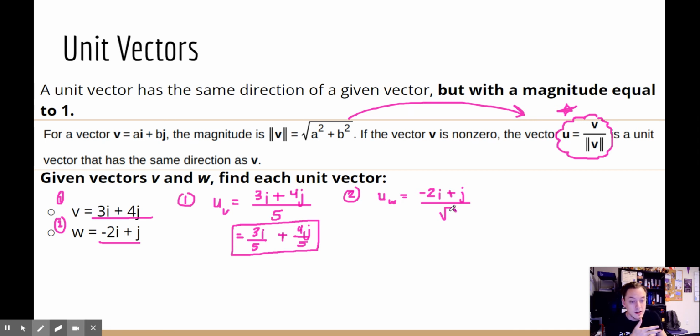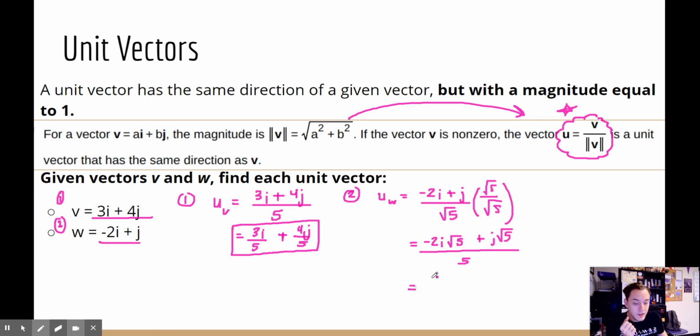That's what we got in our last slide. So in order to do this, I do need to rationalize. I can't leave the radical in the bottom here. So let me rationalize. This is negative 2i radical 5, then plus j radical 5, and then this is all over just 5.